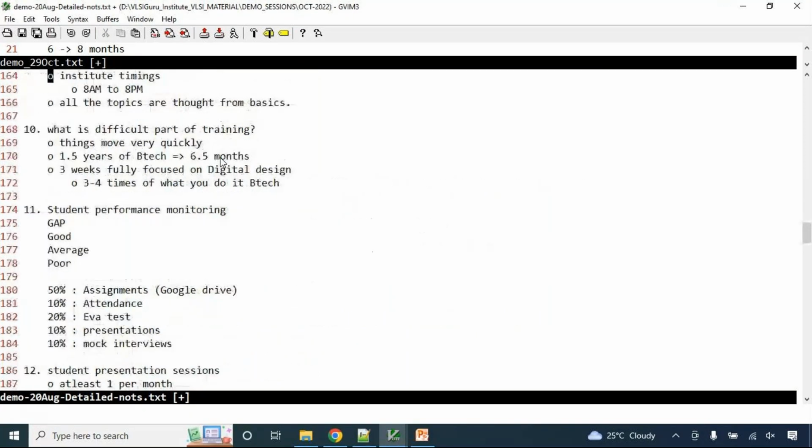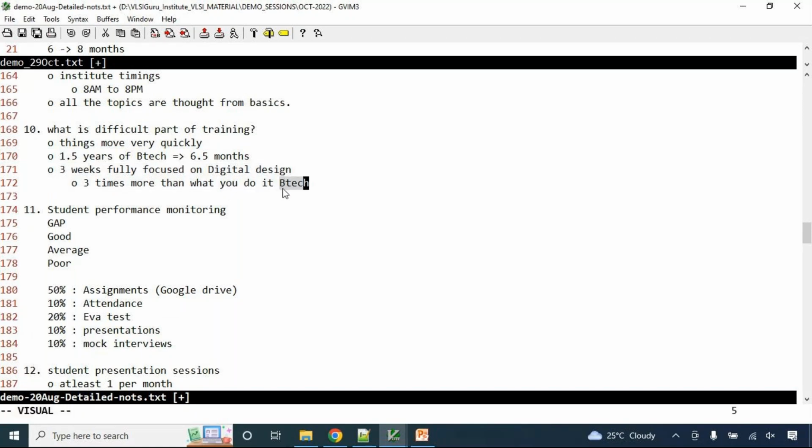Here, you do almost 3 times more than what you do in BTech, but you finish in 3 to 4 weeks. Understood the complexity? The time is getting reduced, and you are doing a lot more things than what you did in your BTech. That is what makes things complex.